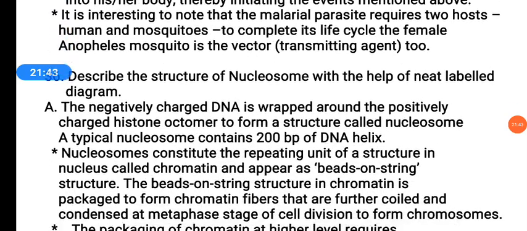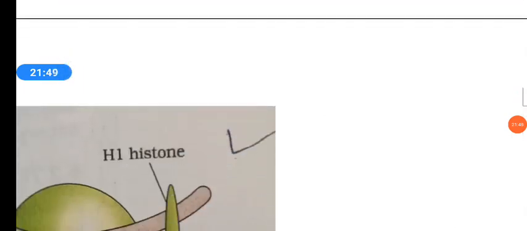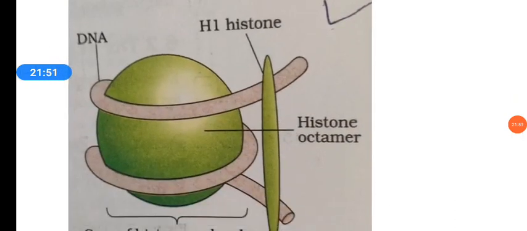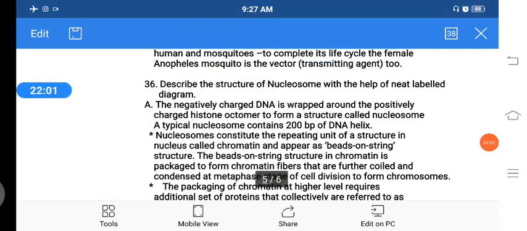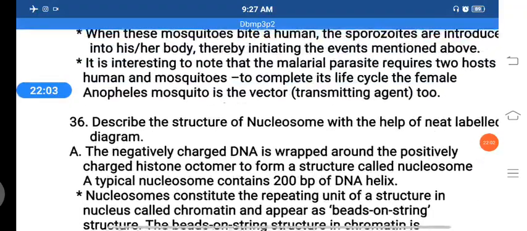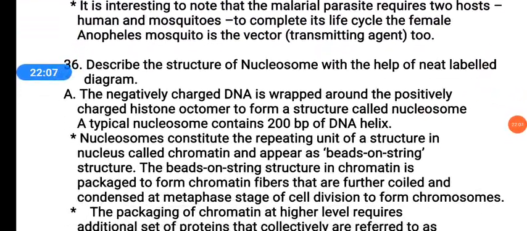Then, describe the structure of the nucleosome with the help of a neat labelled diagram. This is the structure of the nucleosome model. The DNA molecule wraps around histone protein molecules. Let us discuss the nucleosome model one by one.